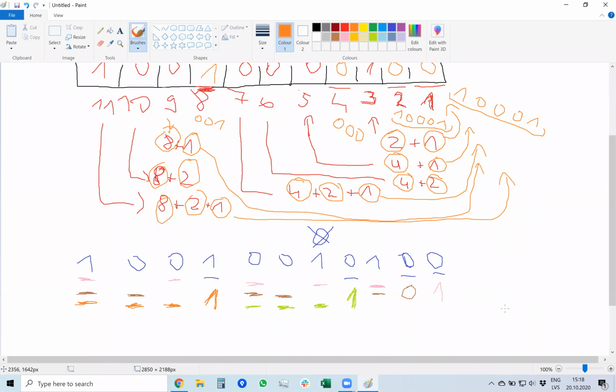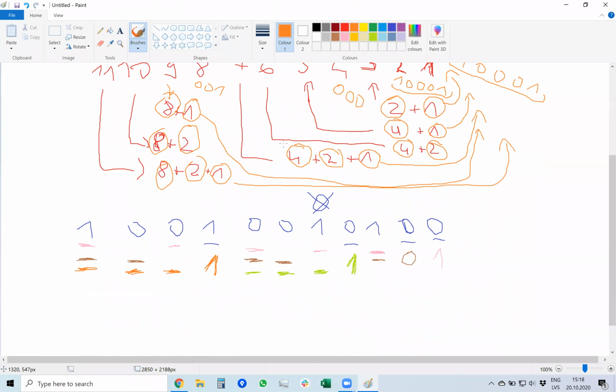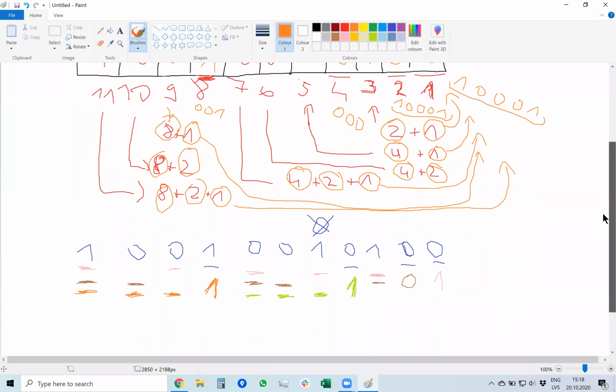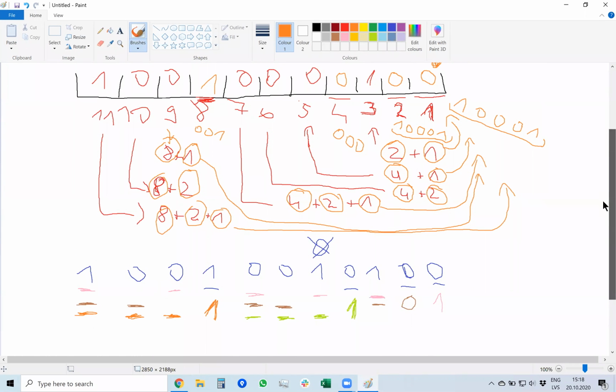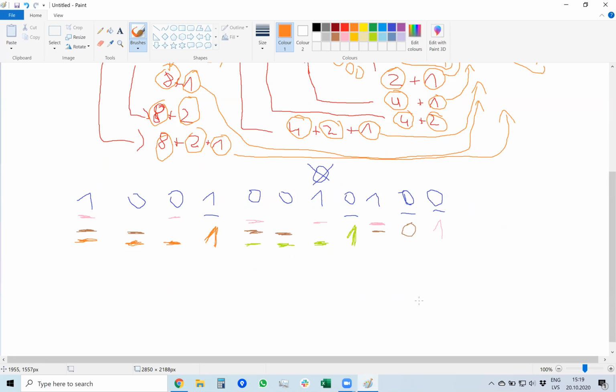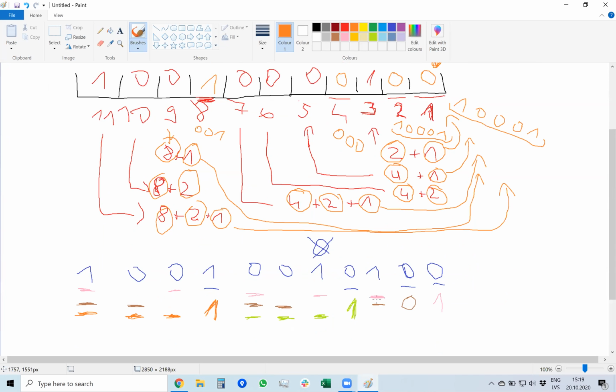Okay, so I guess in this case it should show me that the mistake is in location number 5. So 5 goes into 4 and 1. Okay, so the result should have been that this string is equal to 5, and it tells me that the mistake is in position number 5.